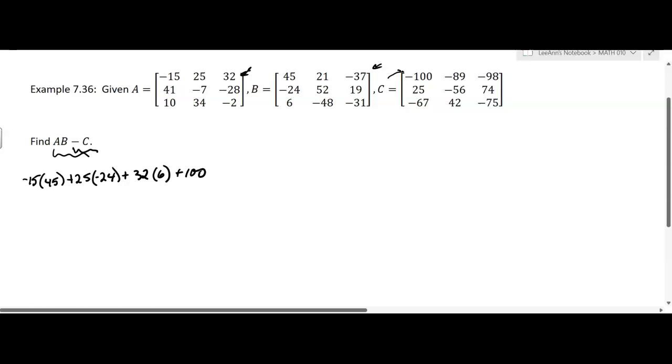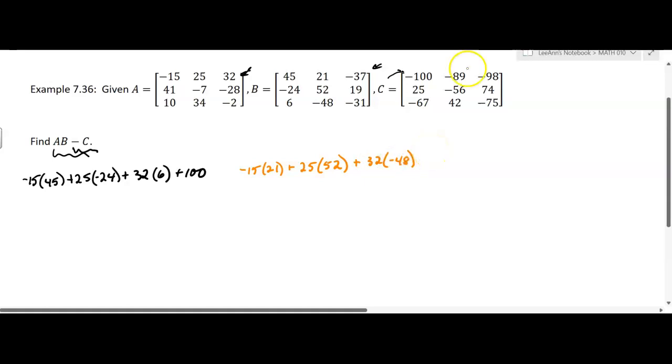Now I'm going to go first row, second column. I'm going to change colors. Negative 15 times 21 plus 25 times 52 plus 32 times negative 48.